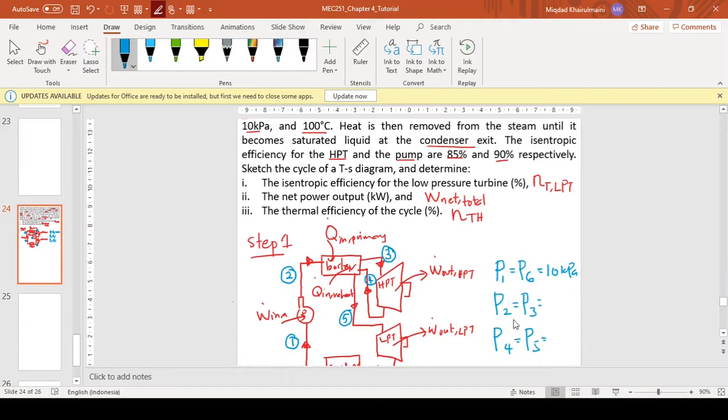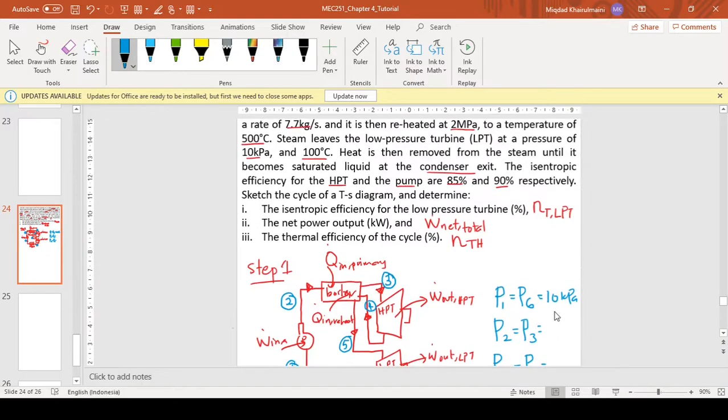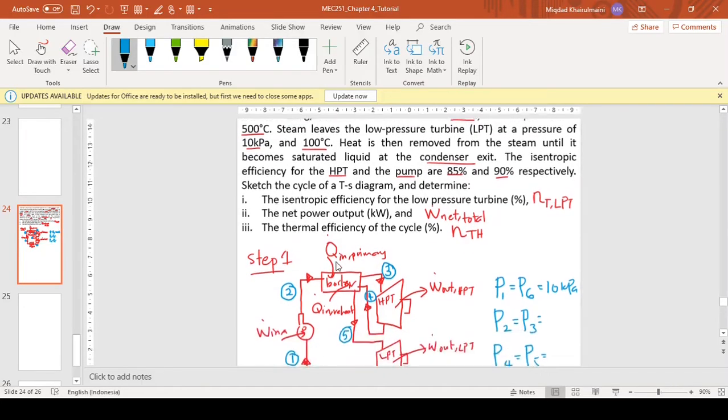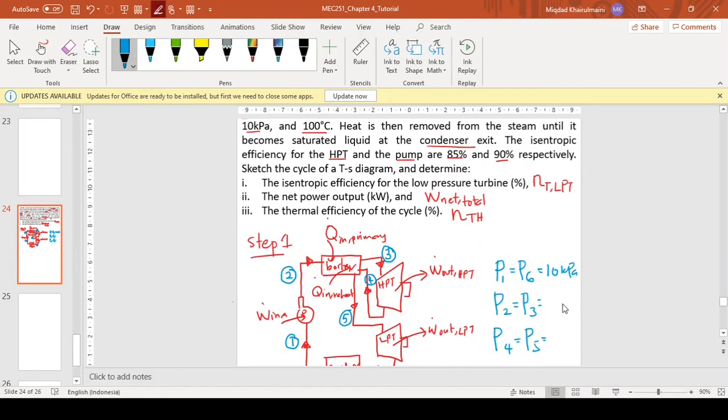The highest pressure at state 2 and state 3 is 12.5 megapascal. And finally, the intermediate pressure at state 4 and state 5 is 2 megapascal. So it is important for us to identify the pressure at each state.